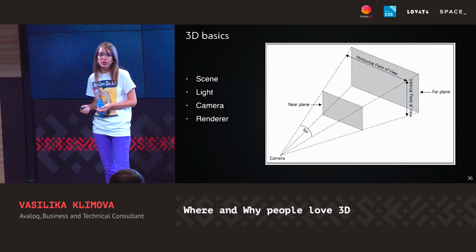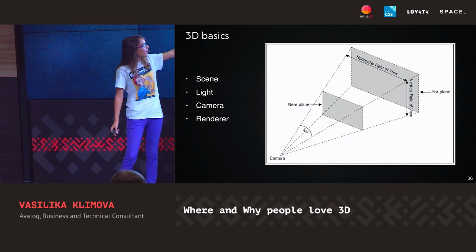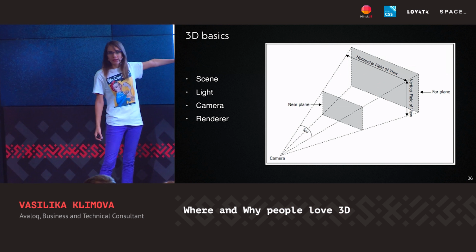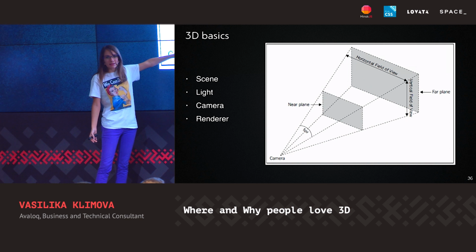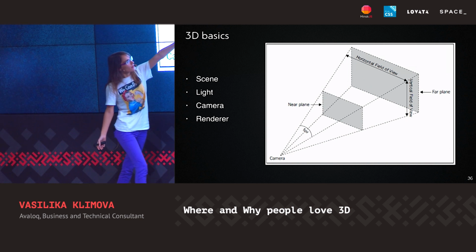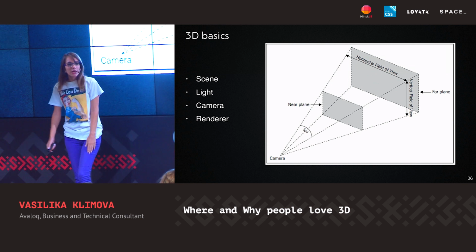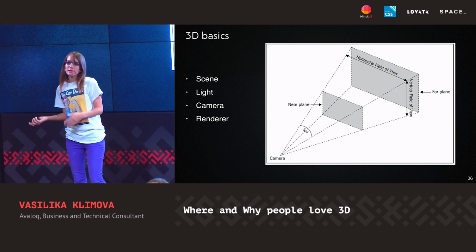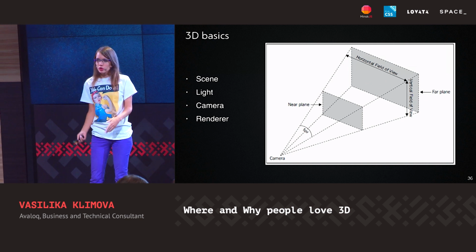Then you need to put a camera. You see this place, it's the camera. And when I show my examples, we look from this place. And further you have the scene. And the renderer is an object for drawing our scene. We just use it to draw it.